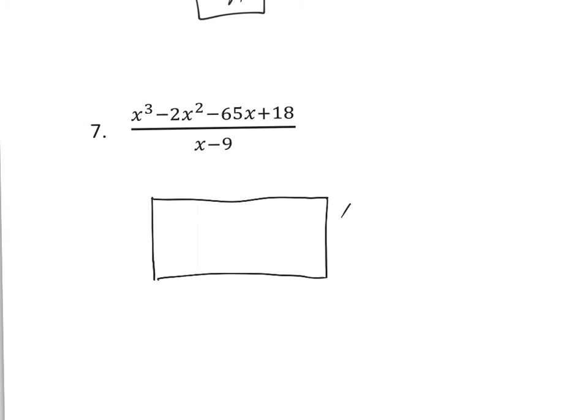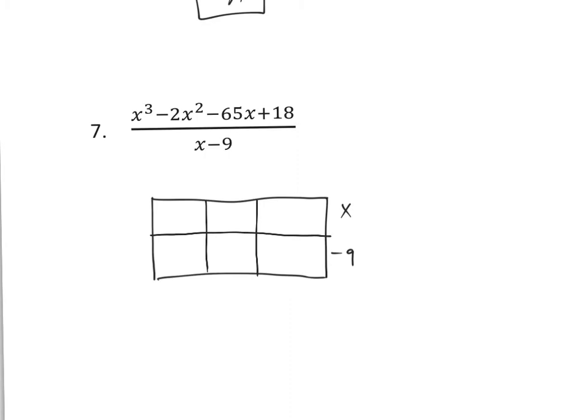I need that x, and then the negative 9, the x minus 9, and then I think about the powers up here. x to the power of 3 minus 1 plus 1 is 3, so I need 3 vertical boxes, as well. So I got a 2 by 3.